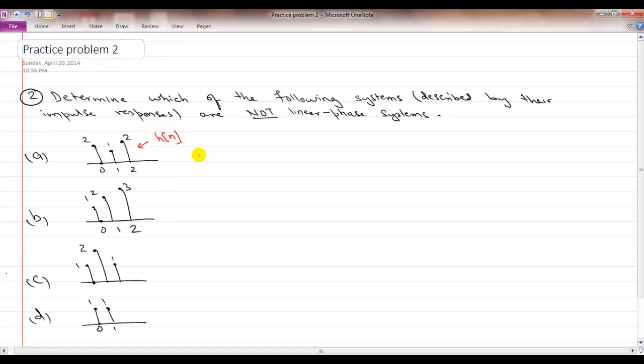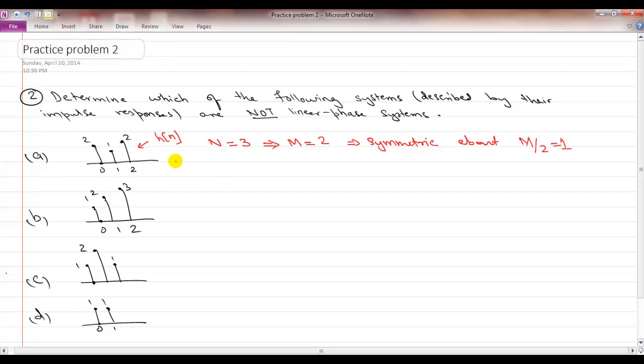Is part A a linear phase system or not? Right, this is a linear phase system, and the way we say that is we have N equal to 3, that is the length of the filter. This means that M equal to 2, and this filter is symmetric about M by 2 equal to 1.